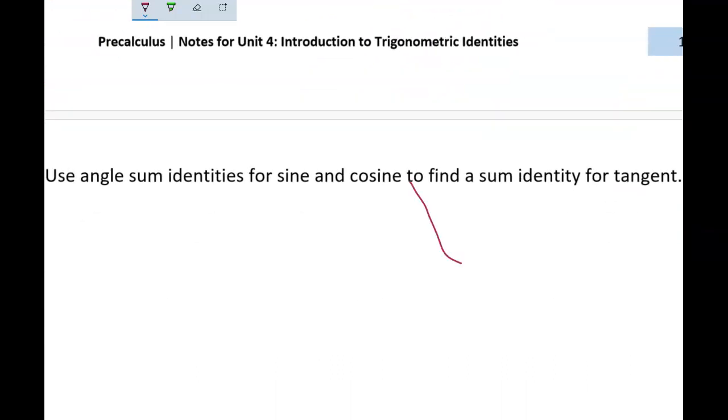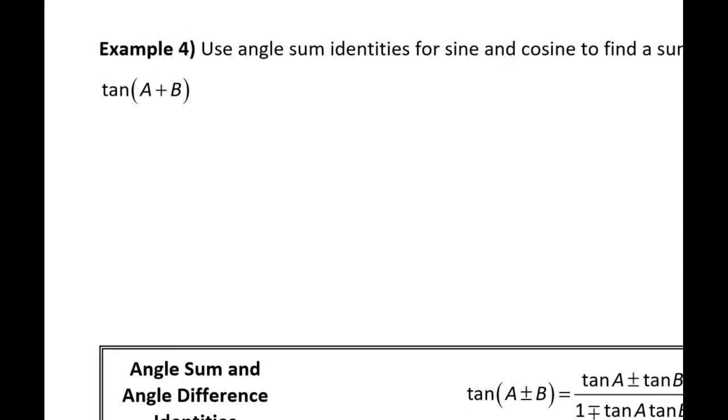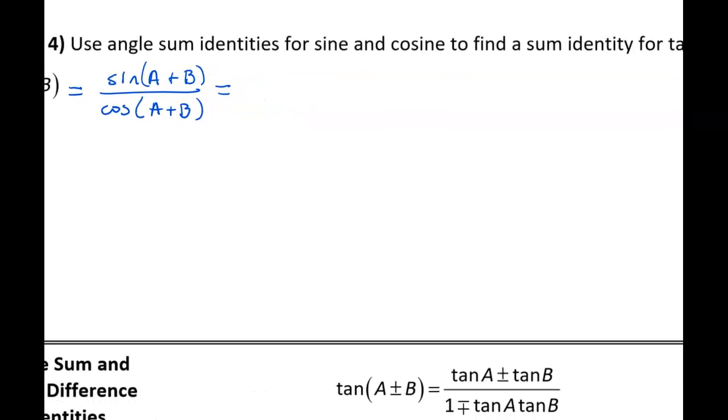All right, moving on, we're going to utilize those identities to find a sum identity for the tangent function. So to find the sum identity for the tangent function, we're just simply going to re-express the tangent of A plus B as the sine of A plus B over the cosine of A plus B. Now we're going to utilize the angle sum formulas for sine and for cosine.